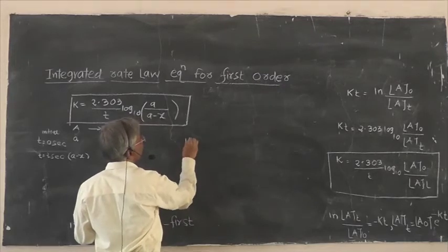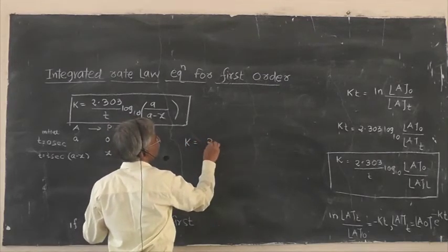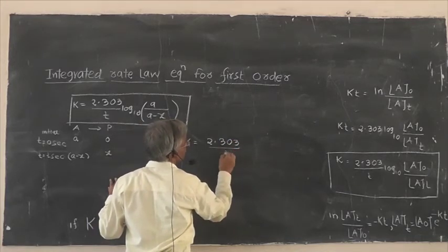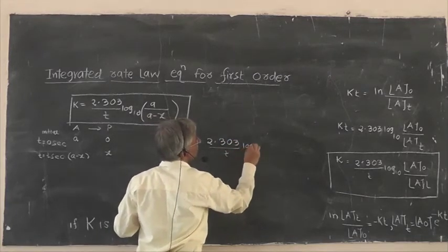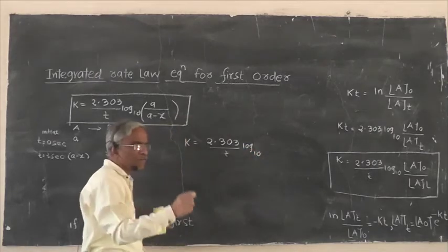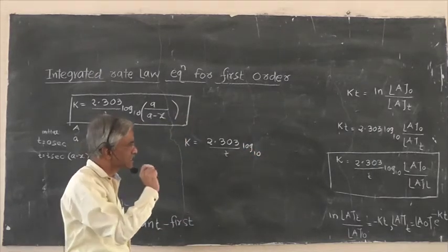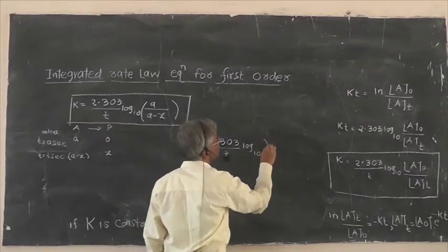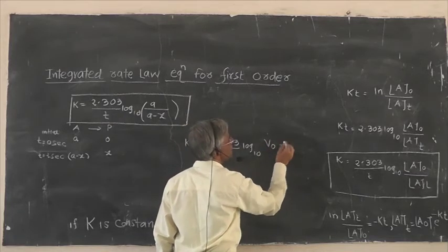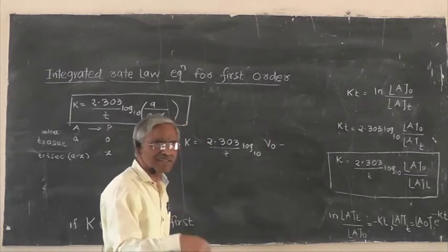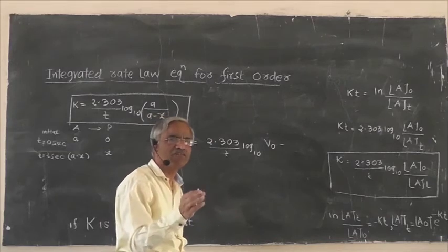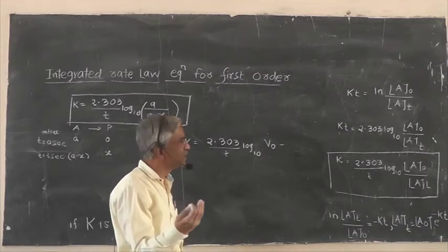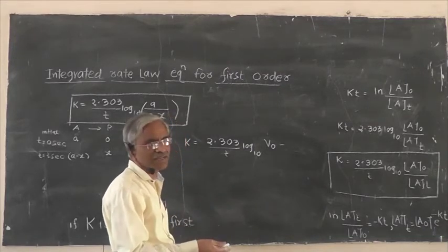This will be k equal to 2.303 upon t log to the base 10, and if you have a volume equal to V0 at time t equal to 0, and at a certain time interval, "infinite" here does not mean infinite; for that reaction it may be after half an hour or maybe 1 hour, depending upon the reaction.